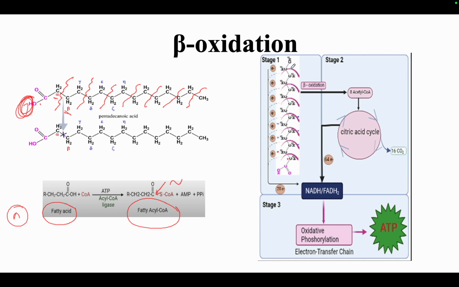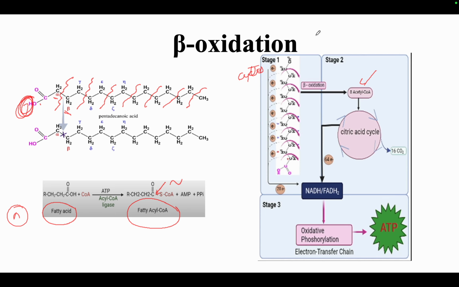This is stage 1 of beta oxidation, which occurs in the cytosol, where the fatty acyl chains are transferred and beta oxidation occurs, and it is broken down into acetyl CoA molecules.